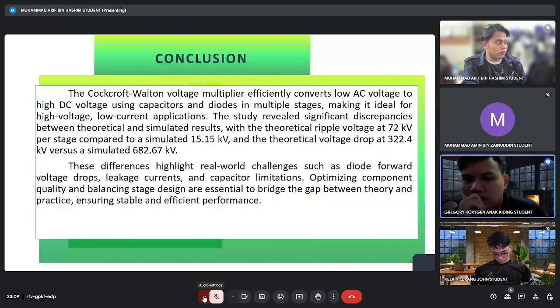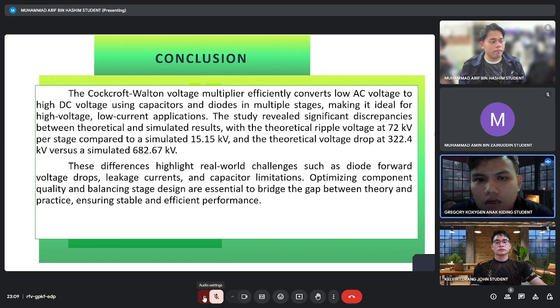Okay, for the conclusion, to conclude our assignment, the Cockcroft-Walton voltage multiplier is designed by arranging the capacitors and diodes in multiple stages to make it ideal for high voltage and low current applications, which convert a low AC voltage to a high DC voltage.